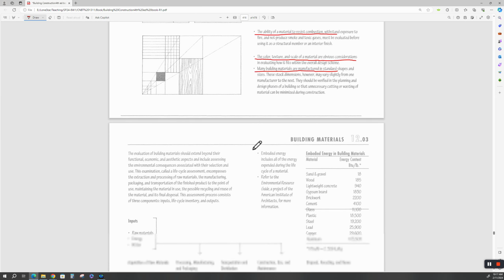All right. The evaluation of building materials should extend beyond their function, economic, and aesthetic aspects. We're talking about the embodied energy of a material. Okay. And the embodied energy includes all the energy expended during the life cycle of a material.